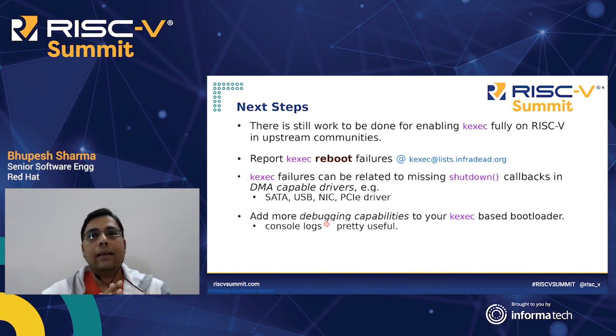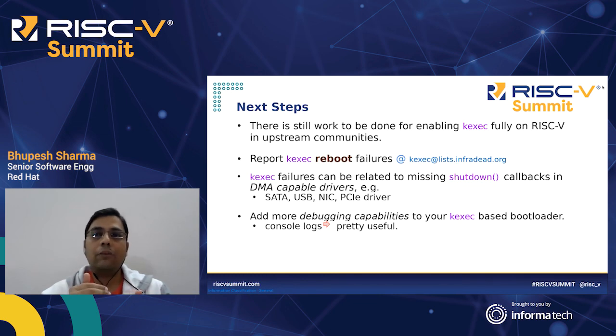And lastly, and most importantly, if your bootloader has very minimal debugging capability, consider adding more debugging capabilities to it. For example, if you have an external console exposed on your machine, consider enabling the console logs in the kexec kernel so that if you land up in some issue, you can share those console logs on the mailing list and try to get some help.